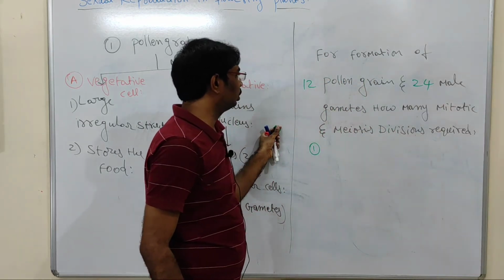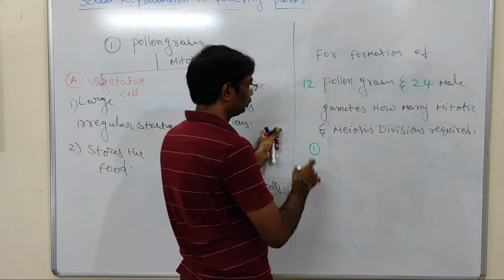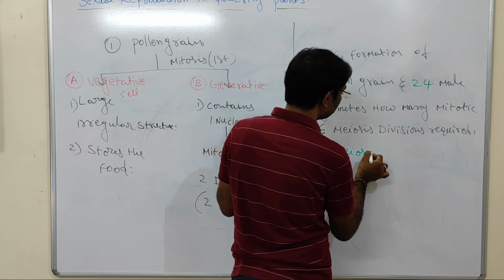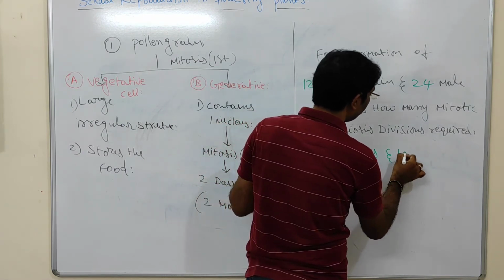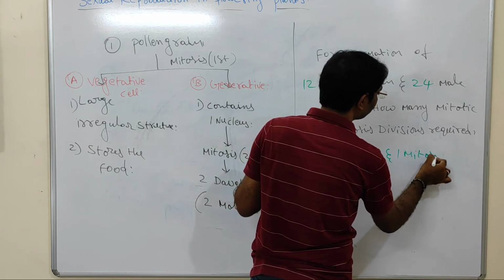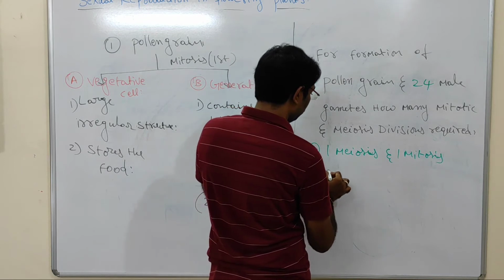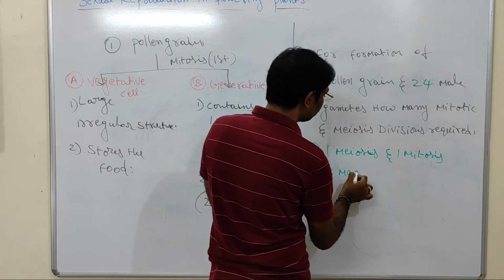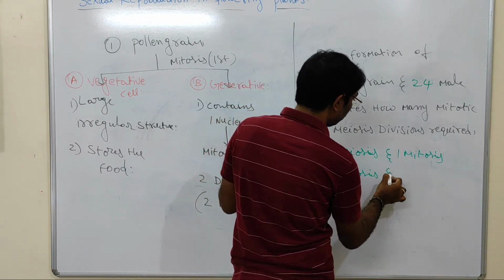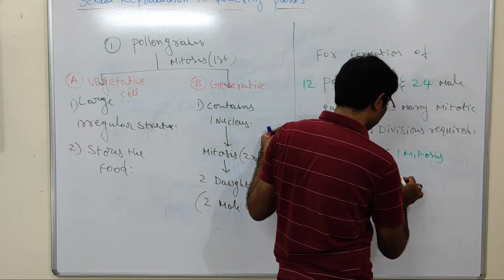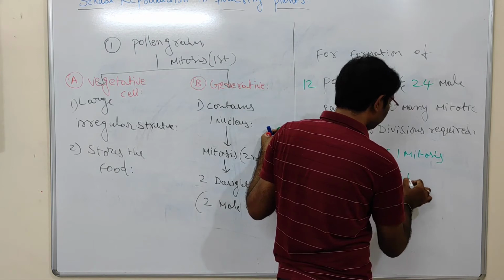Okay, see here. Option 1: 1 meiosis and 1 mitosis. Option 2: 3 meiosis and 6 mitosis.